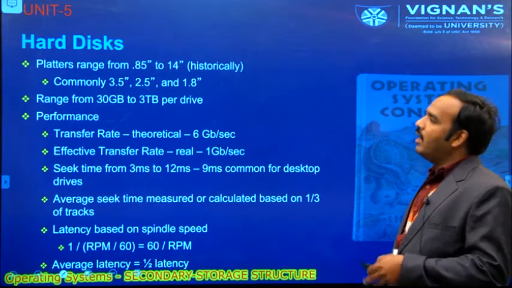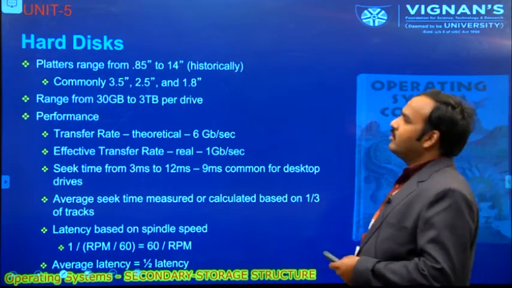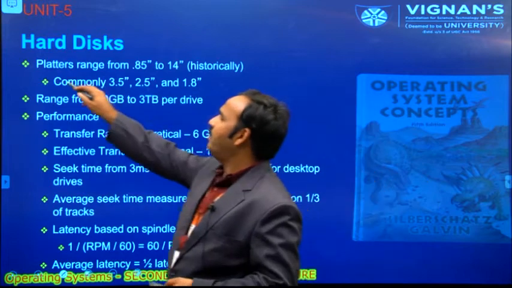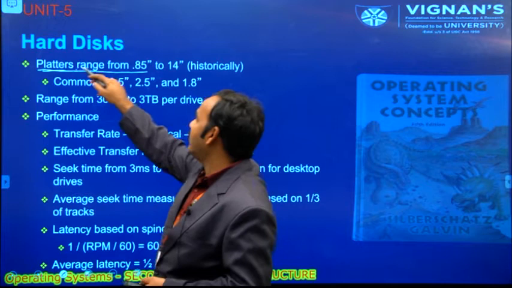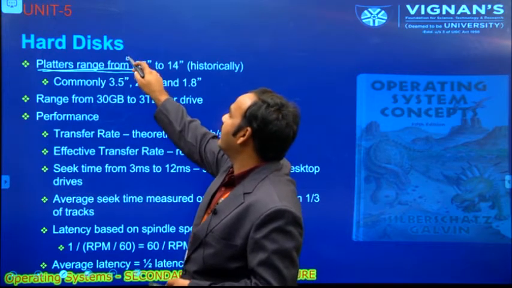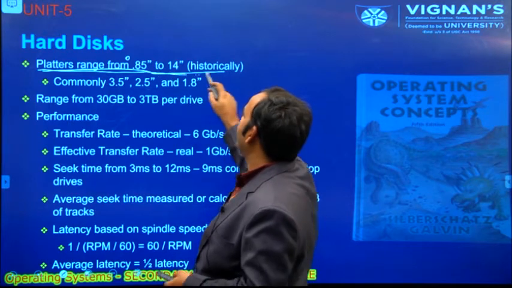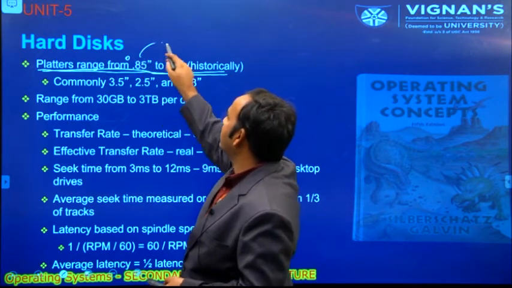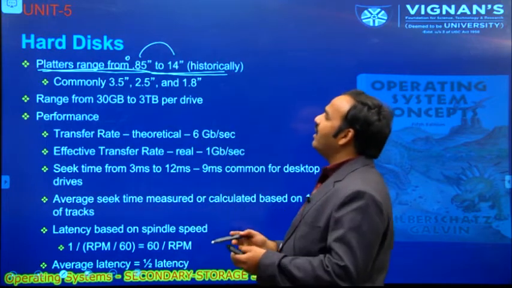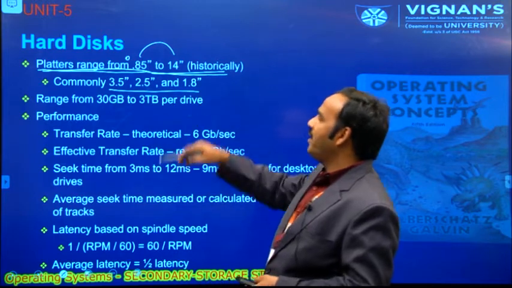And coming to the hard disk parameters, some of the real-time hard disk parameters. Platter size ranges from 0.85 inches to 14 inches. Historically, it started from 0.85 inches to 14 inches. Commonly used are 3.5, 2.5 and 1.8 inches.